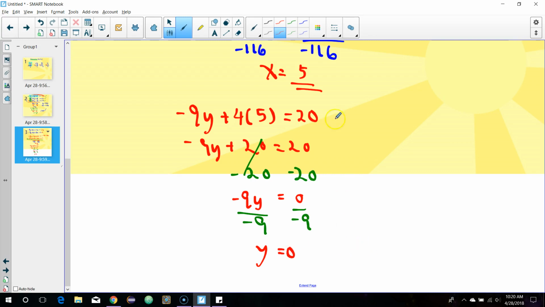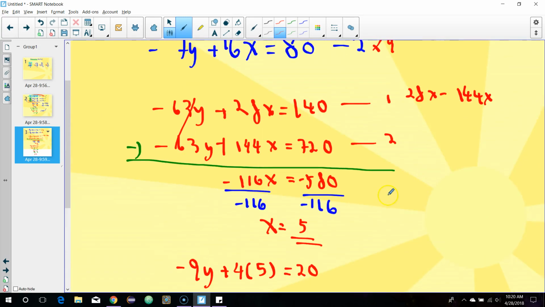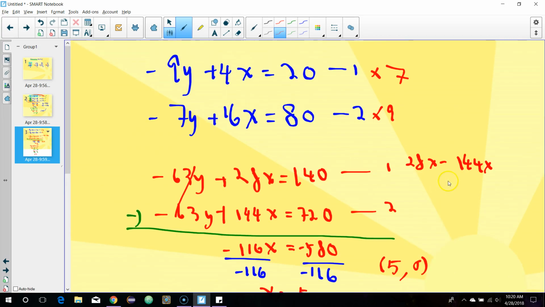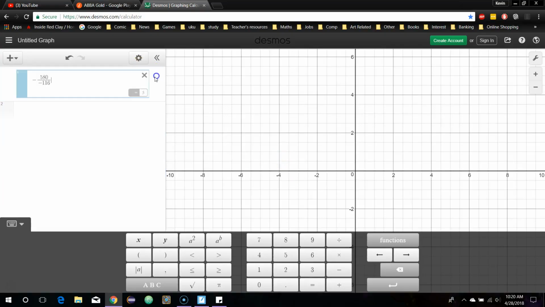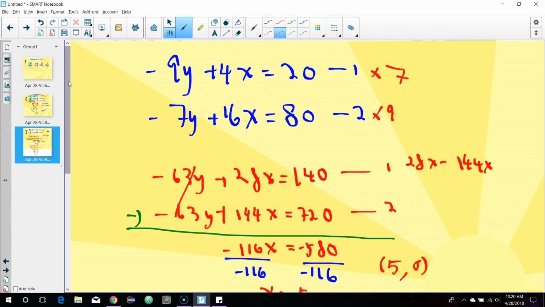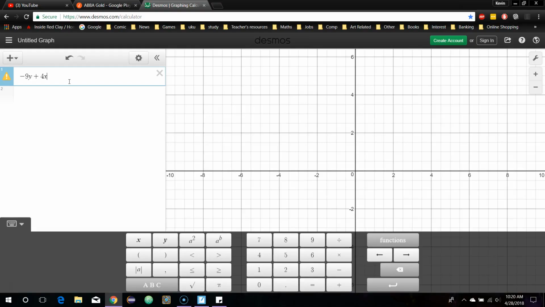Okay, so the answer is quite nice, (5, 0). Write it out over here, (5, 0), and we'll check it. We'll go back to decimals and hopefully we'll get the same result. Do you have to check it every time? It's a nice habit. Negative 9y plus 4x equals 20, right?